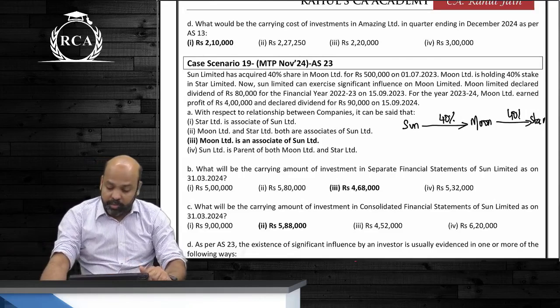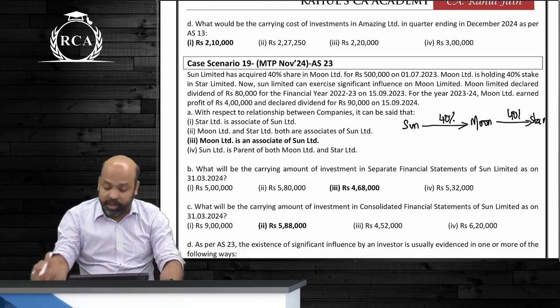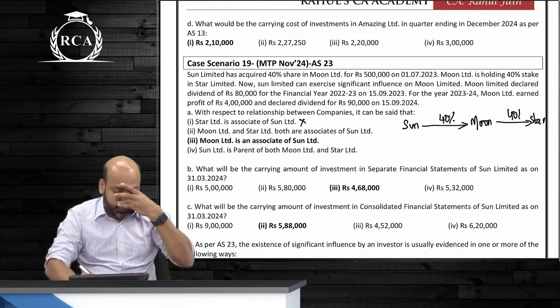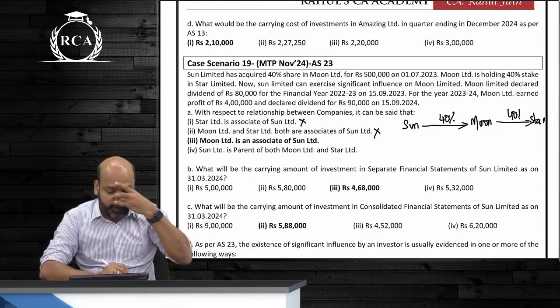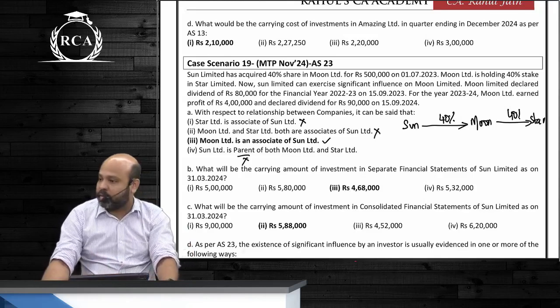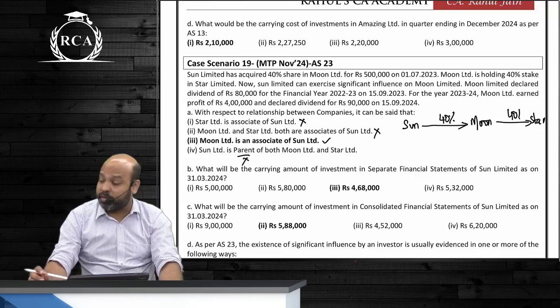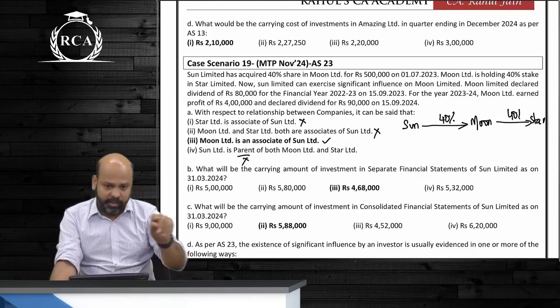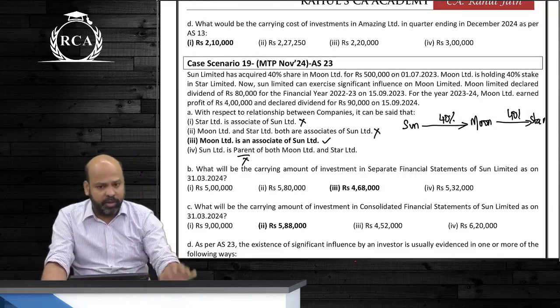So Star Limited is an associate of Sun Limited. Is that correct? No. Moon and Star both are associates of Sun? No. Moon is an associate of Sun. Sun Limited is parent. Parent Limited, beta, can be used only when the relationship is holding-subsidiary. Here you cannot use that. Are we clear? Just write it like this, beta: 40%, 40%.